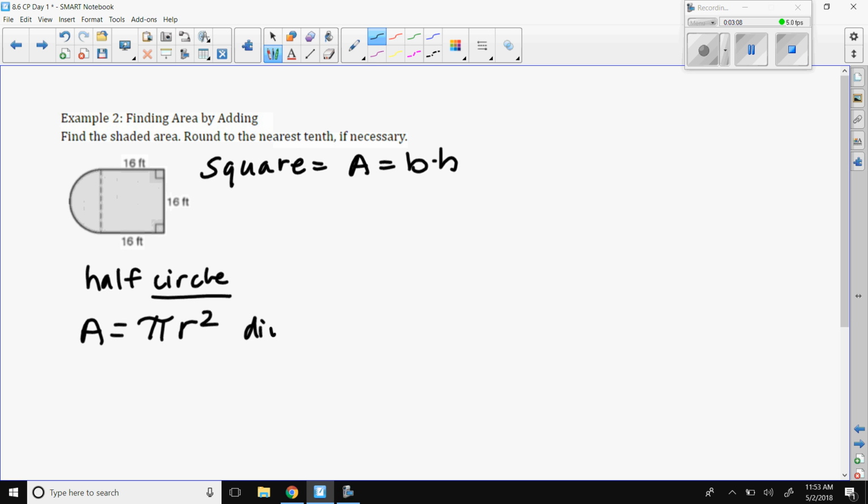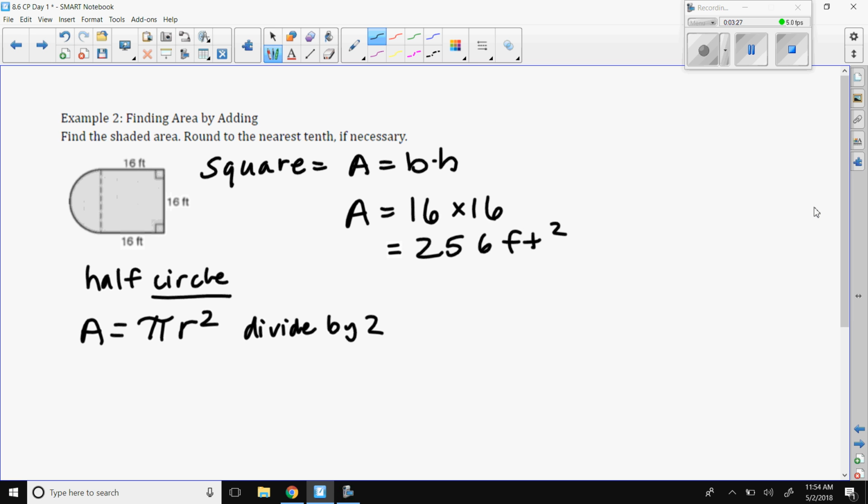And then I'm going to divide by 2 to get half, to get that semicircle. So for my square, I'm going to have area equals 16 times 16, 256 feet squared. That's the first one that I need.